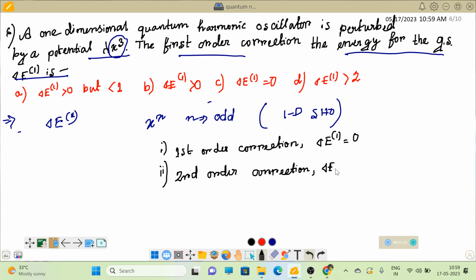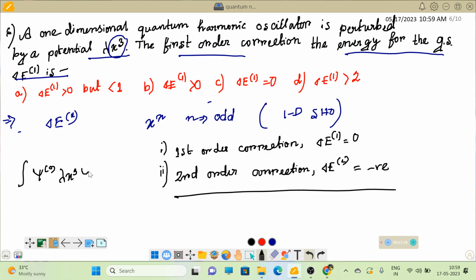So it will be negative. It is the one condition. It is also a calculation: as the ground state is taken, psi 0, then the function lambda x cube, then again psi 0 star d tau. So we have to calculate this, and a very long integration is there.